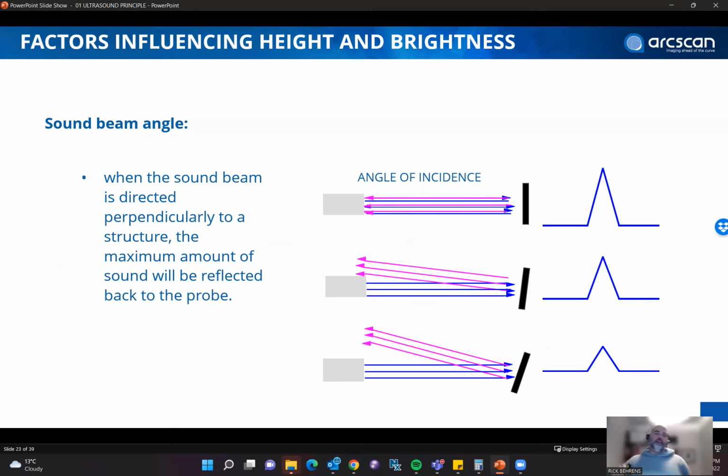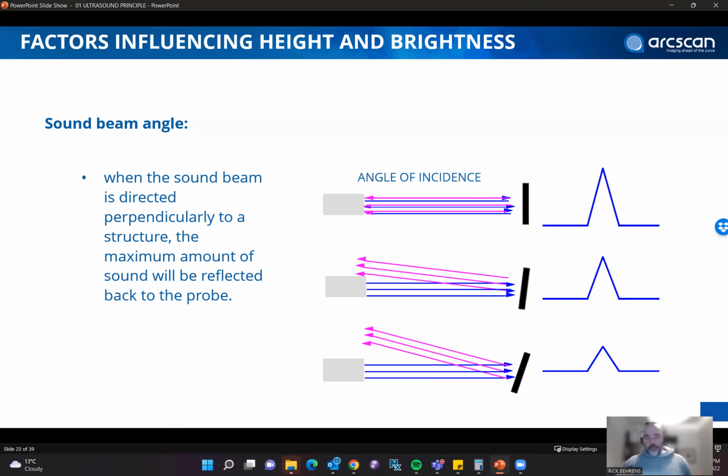The main thing is the angle of incidence. In order to produce a really good image, we need to be perpendicular. An image taken from the side or at an angle will produce an altered or dodgy scan. We need to be perpendicular to the area that we are analyzing.